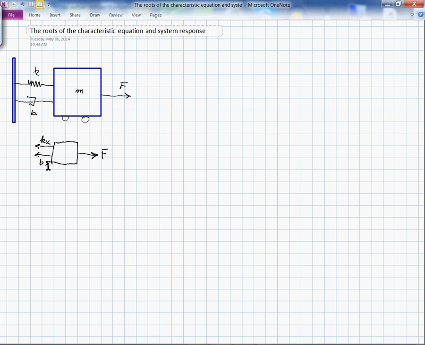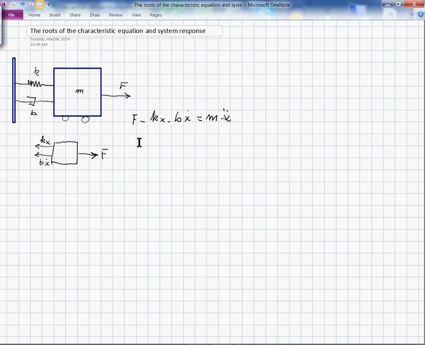If you write it down, the equation of motion is F minus K times x minus B times x dot equals M times x double dot.